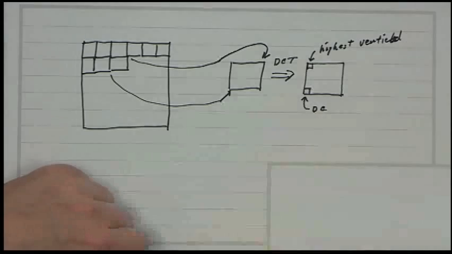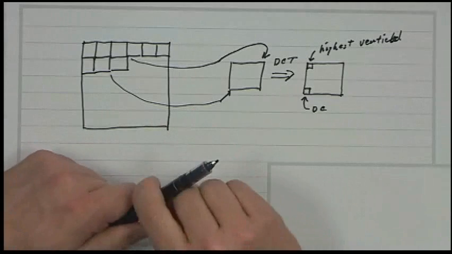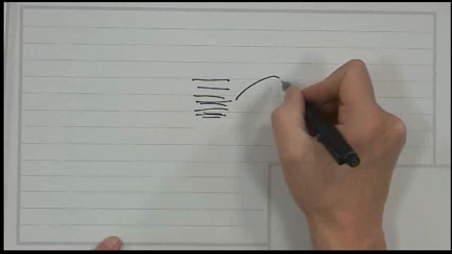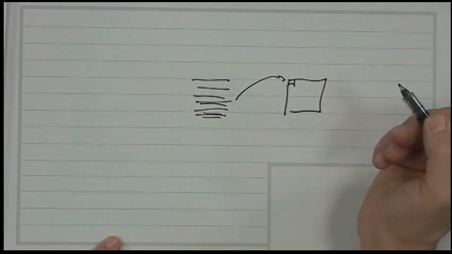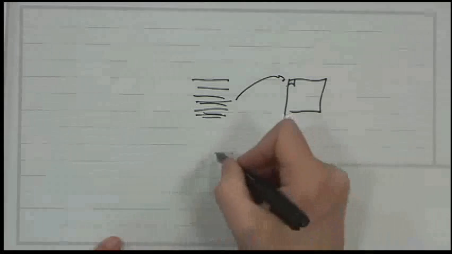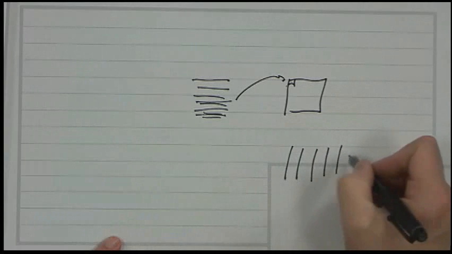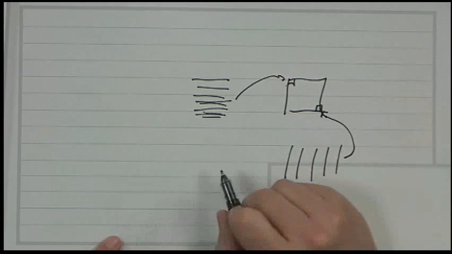Vertical frequency. Okay? So if in that block you have a lot of stripes like this, a lot of horizontal lines, then that energy will map to this location right here, right? And if you have a lot of vertical lines, that'll map to that location right there, okay?